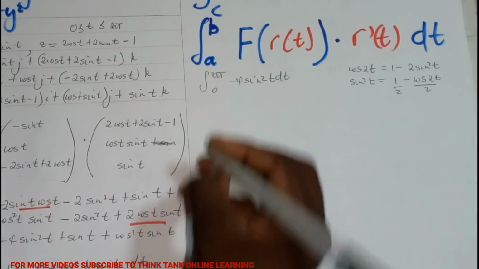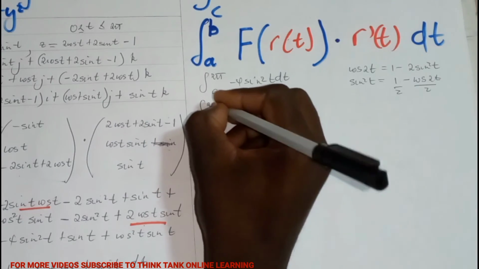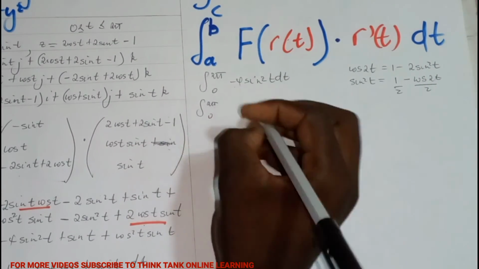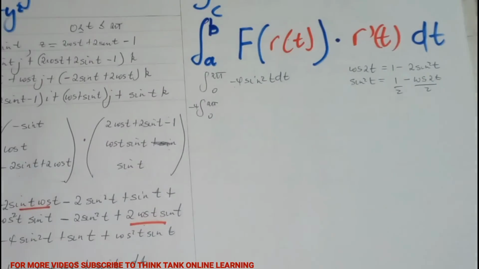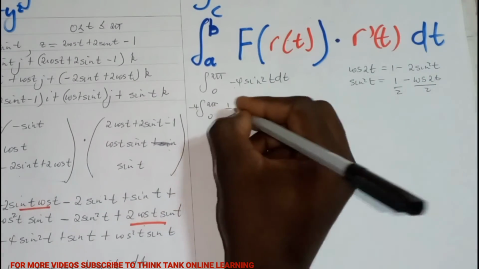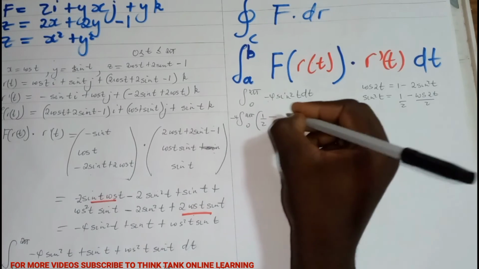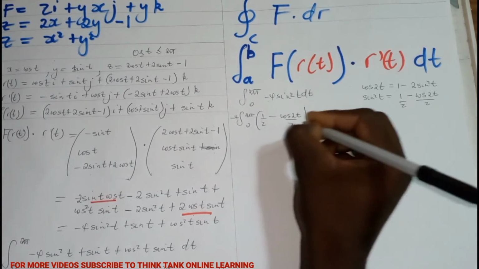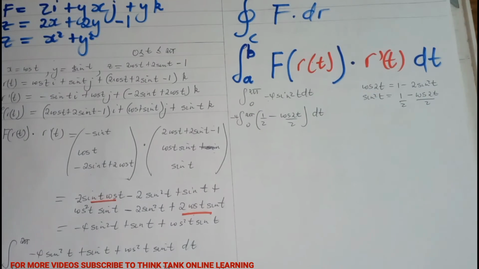So this is the integral from 0 to 2 pi. Since 4 is a constant, I'm going to pull it out: negative 4 times the integral of (1/2 minus cos 2t over 2) dt.